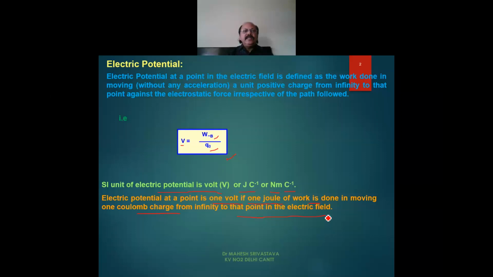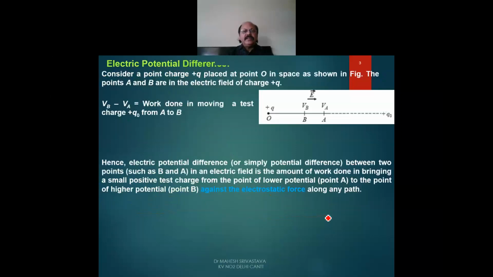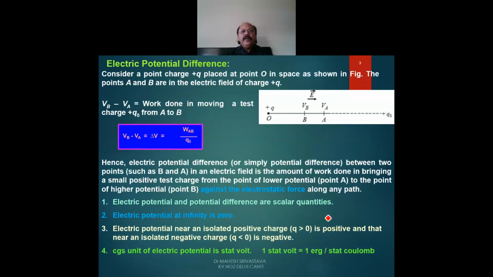Now the next one is electric potential difference. For electric potential difference, we have to take 2 points in an electric field of a charge.